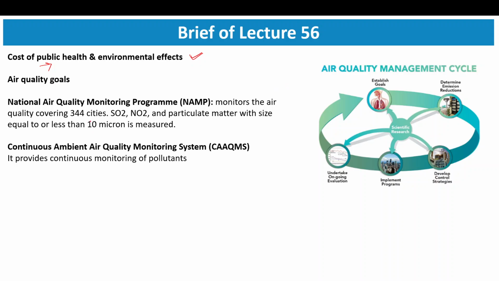It covers 344 cities. It can measure various pollutants including SO2, NO2, particulate matter, and other types of pollutants. So air quality monitoring systems are nowadays installed so that you can have an updated idea.